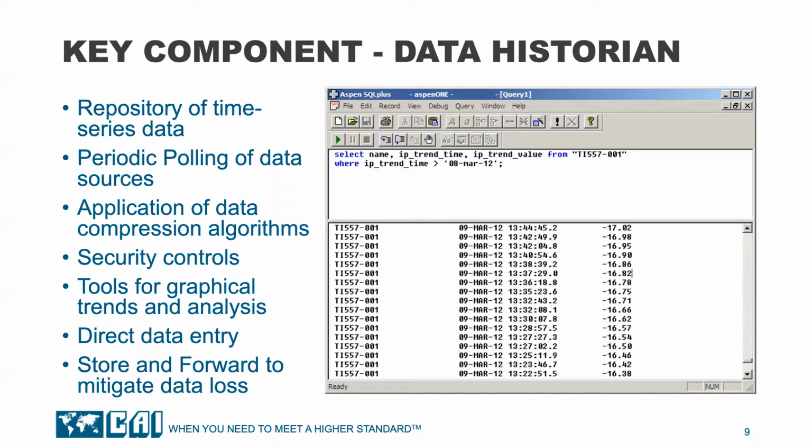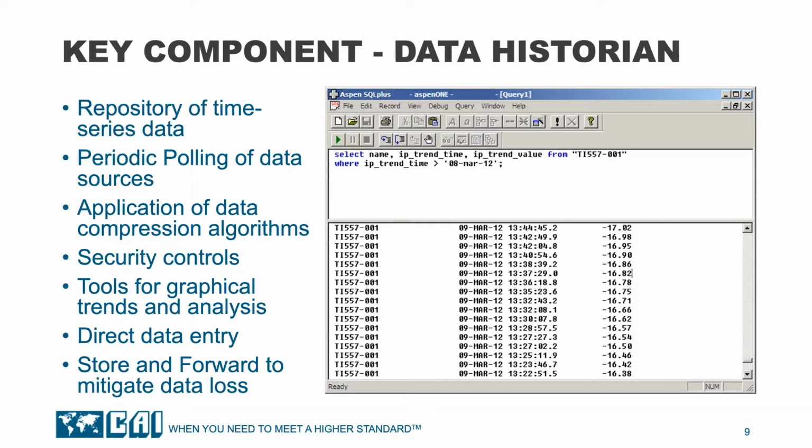I'm using the term tag. A tag is a reference to a data point you want to store. Tags can have engineering units, display precision, and other configuration parameters, but unlike the tag values themselves, which are stored each time the tag is polled, the tag definition is stored only once.